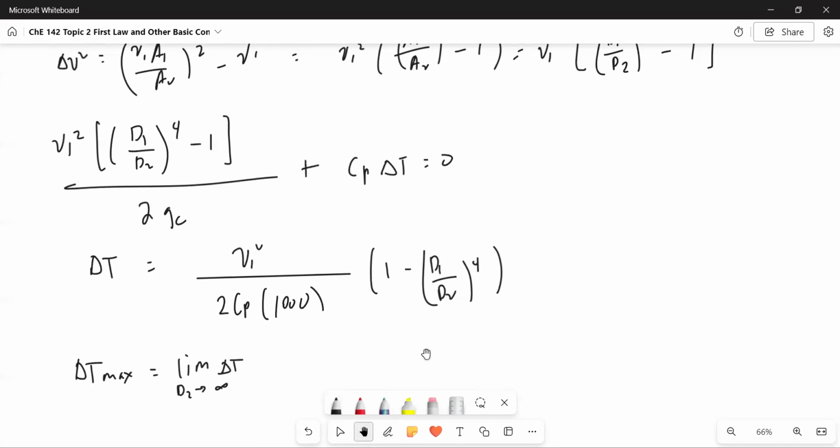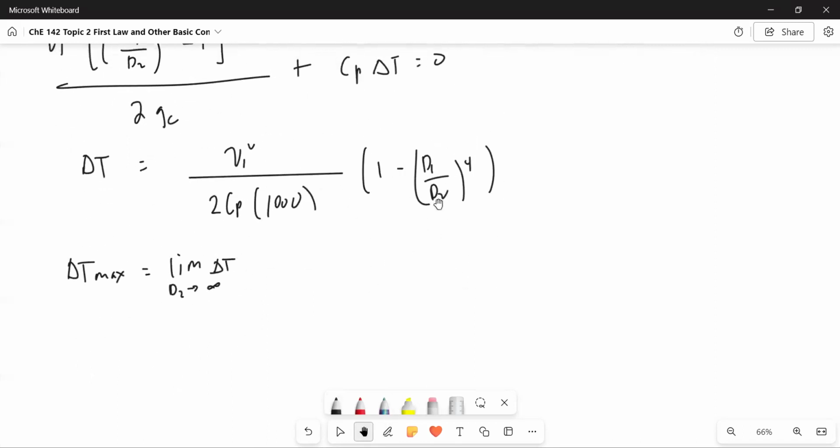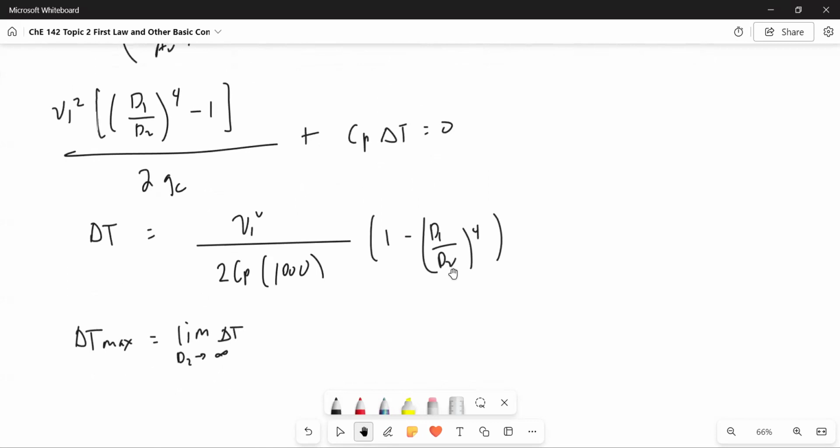So what will happen here if D2 approaches infinity, this term would be 0, and this quantity is just equal to 1, right? So if that's the case, then our equation is simply V1 squared over 2Cp times 1,000.